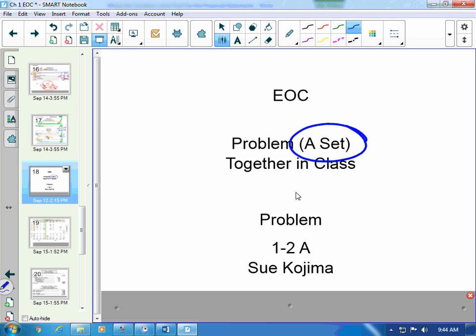So I see a do it, that's not it. I see problem 1A, that's not it. I see problem 1, 2A, Sue Kojima, looks like she's an attorney. So that's the transaction part. And then I bet the financial statements are on single pages. Is that true? Yes. All right. So you've got pages everywhere.